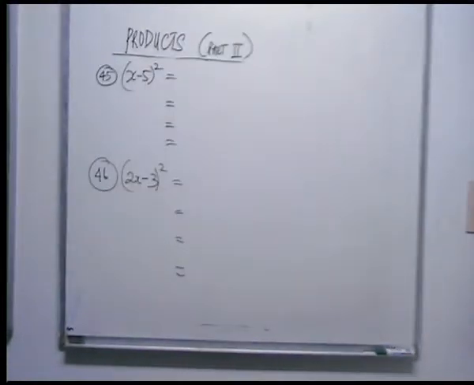We have number 45 and 46. Number 45, it's x minus 5 all squared, and in 46 you have 2x minus 3 all squared. Alright, so go and just try them and just do it step by step and get it right.